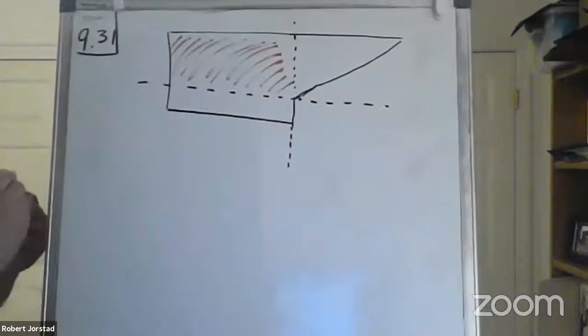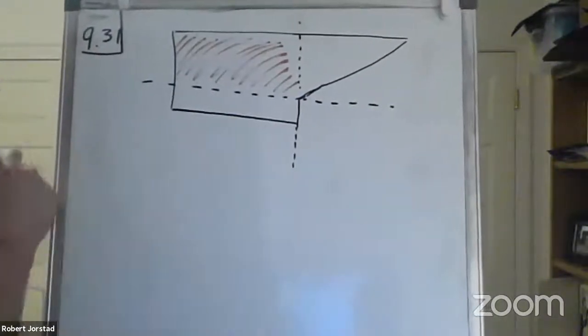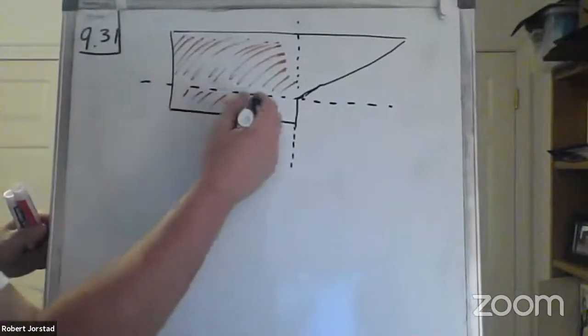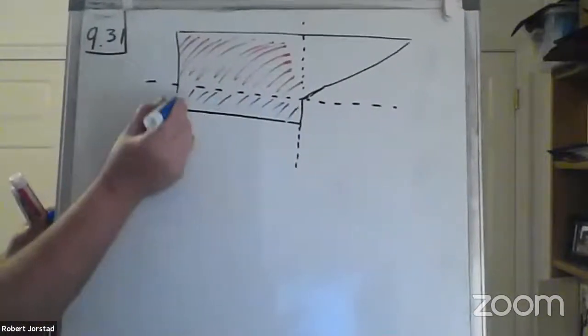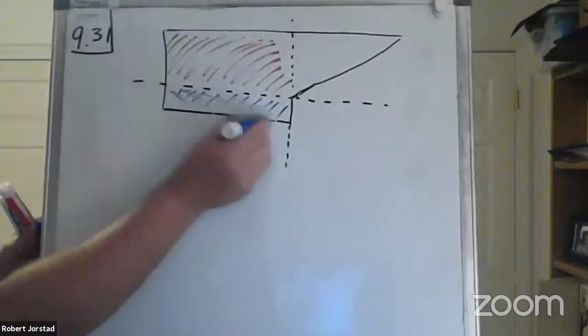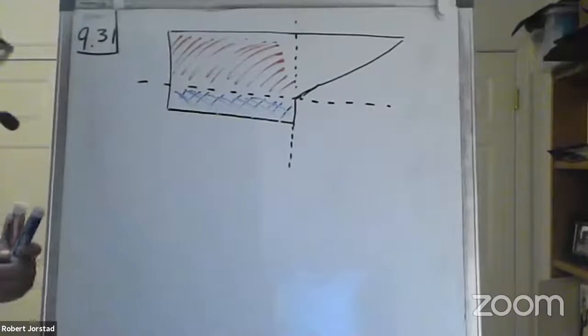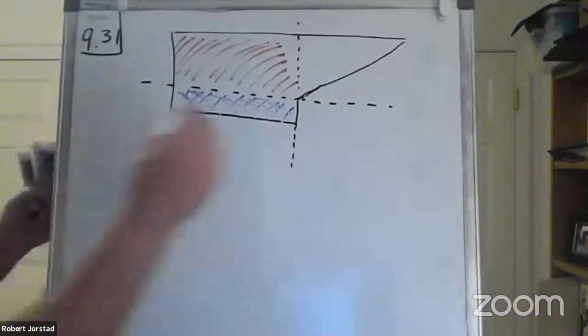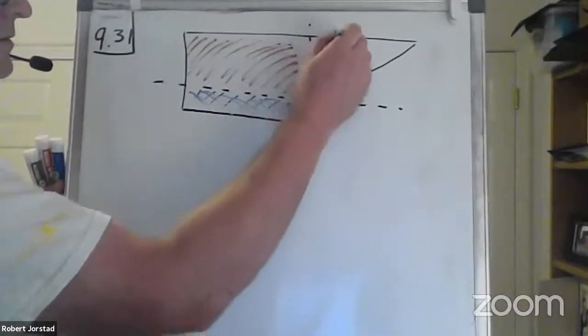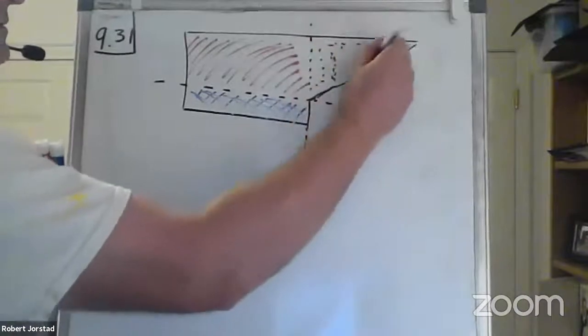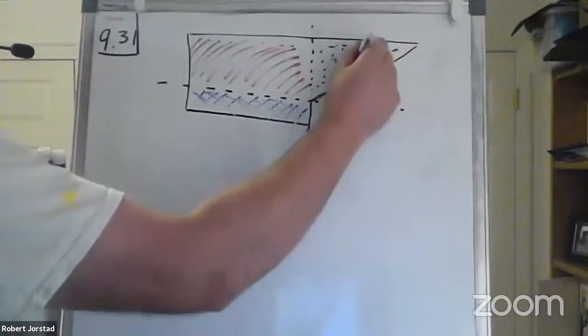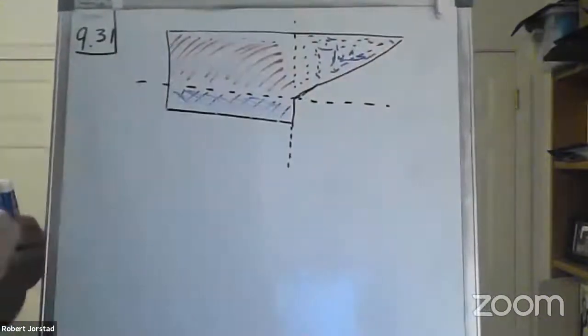There's one part, one rectangle. That's really easy. Here's this part. We'll do a different type of hatching there. And then maybe over here, we'll dot this one in. There's the third one.